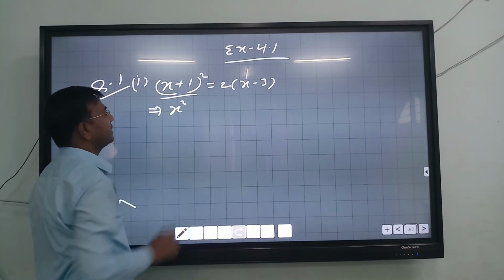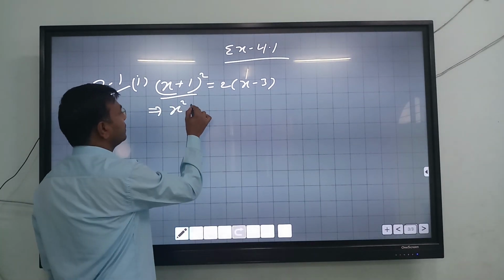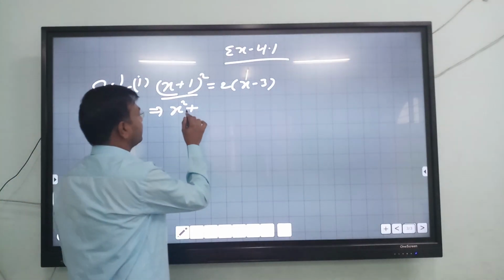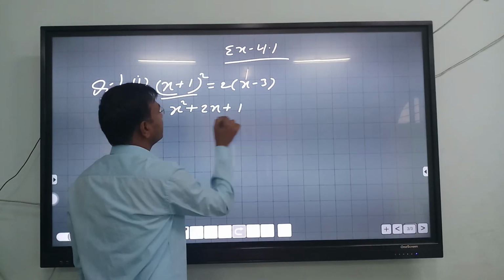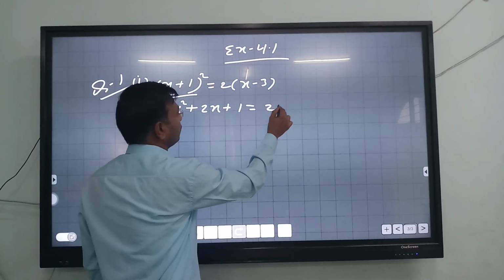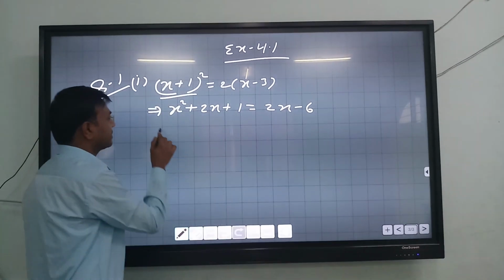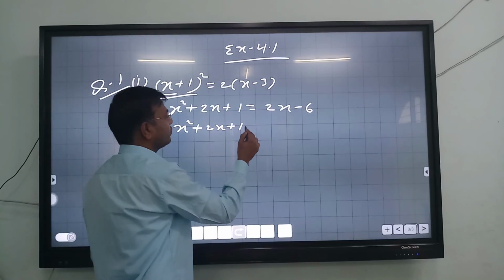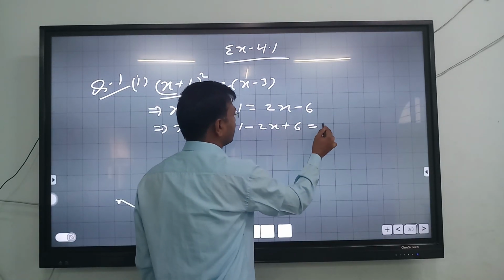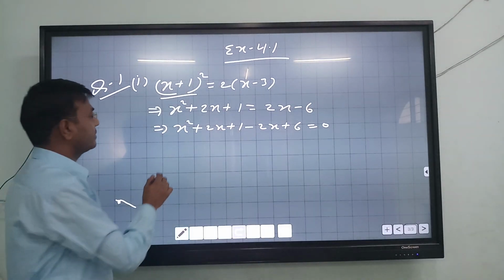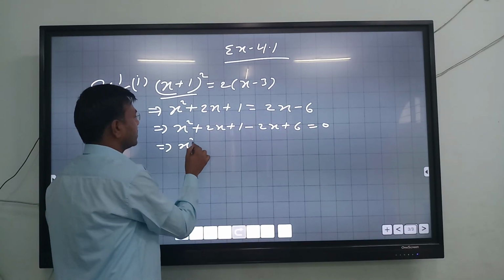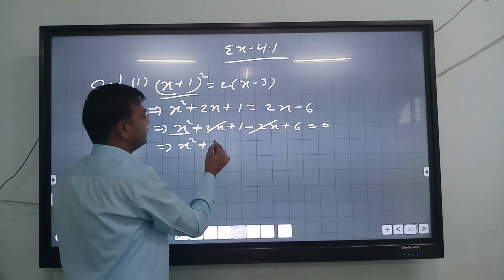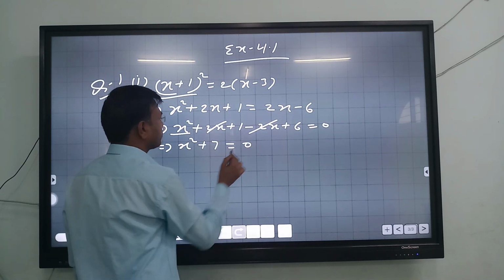Now we have to simplify this x plus 1 whole square. So apply the identity of a plus b whole square. This becomes x square plus 2x plus 1 square, which is 1, equals 2x minus 6. This implies x square plus 2x plus 1 minus 2x, on transposing the variable and constants, simplifying: 2x and 2x cancel, plus 6 plus 1 is 7, equals 0.